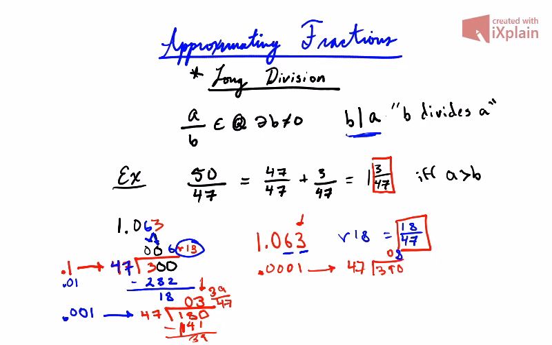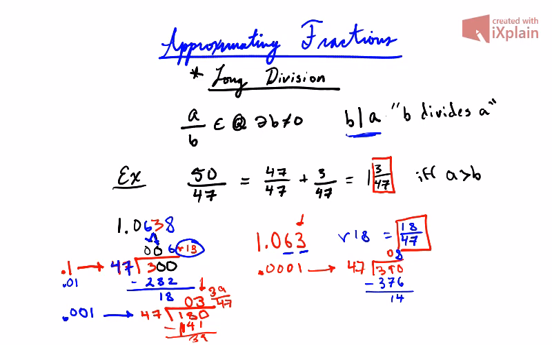So 8 times 47 is what? 376. And that leaves you with 14 left over. So now you get an 8.